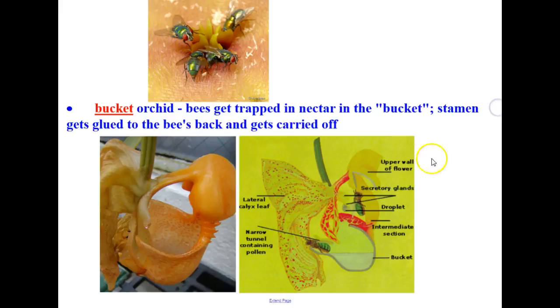And then there's the bucket orchid. The bees get trapped in the nectar in the bucket part down here, and the stamen gets glued onto the bee's back and gets carried off. Then, of course, as it travels to another bucket orchid, it would end up pollinating in a cross-pollination situation. So some neat pollination strategies there.